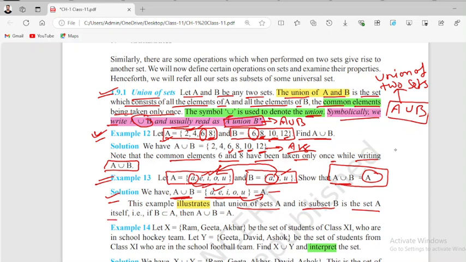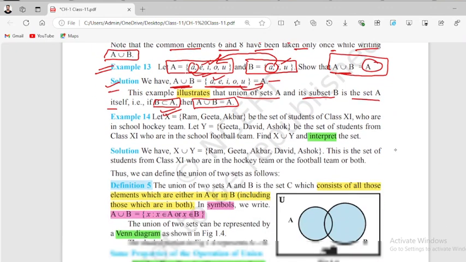We can also write it like that: B is a subset of A, then A union B is equal to A. If the question asks about the subset, we can write B is a subset of A.